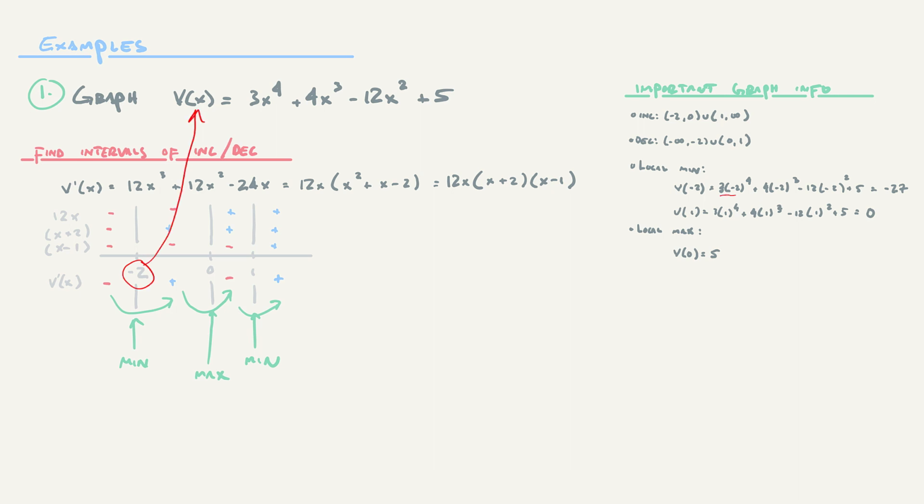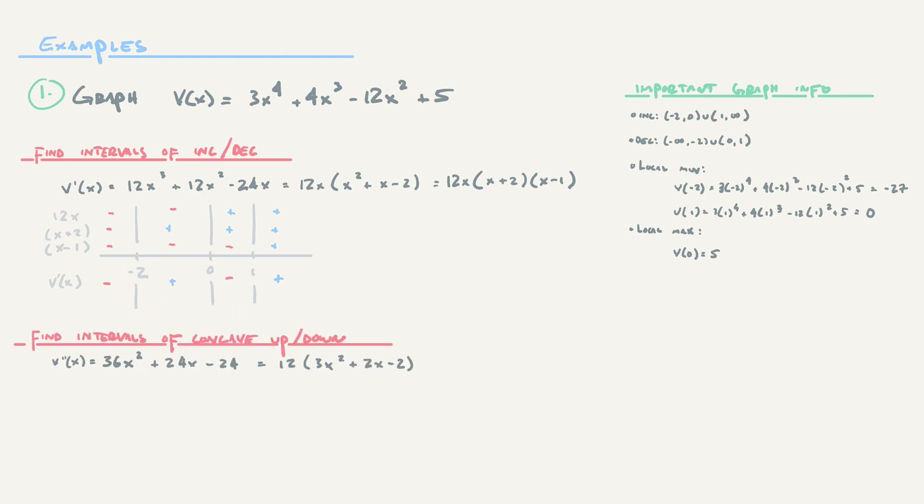That's what all this function evaluation is. So I found there's a local min at negative 2, and that local min is negative 27, and then there's a local minimum at 1, and that local minimum value is 0. And by plugging in 0 to v of x, I found that all these terms went to 0, and so 5 was the local maximum value.